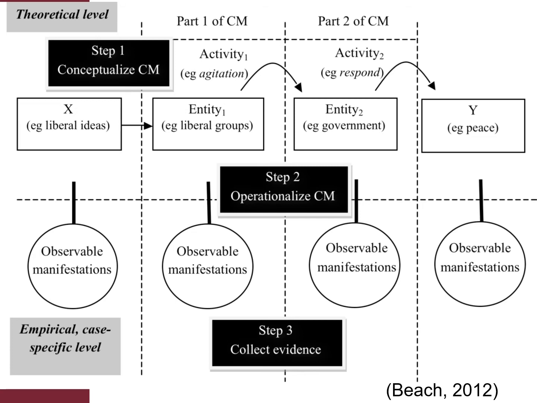Theories can be grandiose. They can be liberalism, realism, and all those big theories you study in the intro course and in the theory course. Or they can be very specific, about what a cause of terrorism is, or someone can have an idea that something causes democratic transitions.